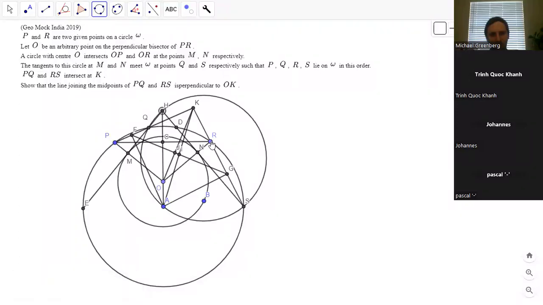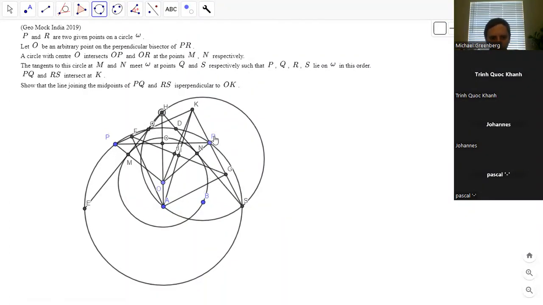HRA, we know HRAP is cyclic. Can we use, oh wait, that's not true. Oh yeah, it's not true necessarily. So yeah, HDEA would be cyclic.